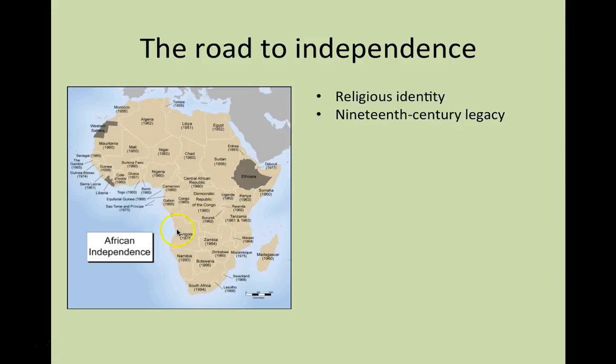Similarly, in Rwanda and Burundi, here in the Great Lakes region, there were rivalries that developed between the Hutu and the Tutsi that were still kind of in formation at that point, but they became crystallized as part of the indirect rule and system of privilege that was set up during the colonial era.